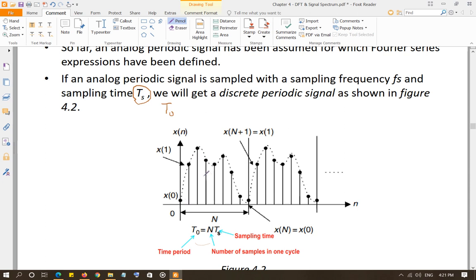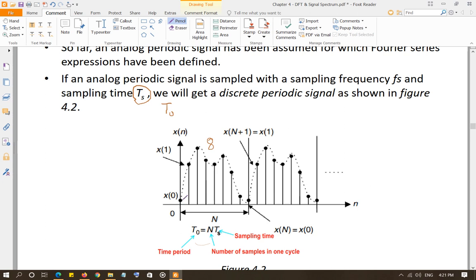So the first sample, since it has become a discrete signal, is x0. The second is x1, x2, x3, x4, x5, x6, x7. Right now I have 8 samples total in one time period. Make sure you don't include this sample in the period, because the next period starts from here, so it will be part of the next period.